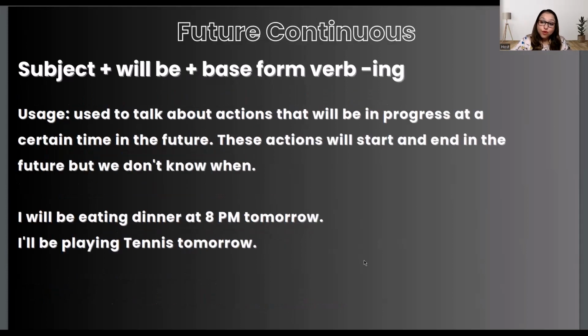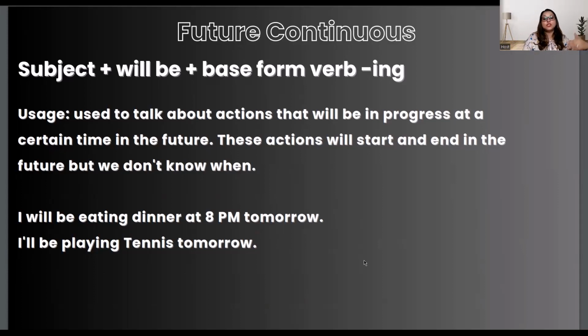And we have future continuous. The sentence structure would be subject will be plus base form of the verb, that is verb ing. So it is used to talk about actions that will be in progress at a certain time in the future.